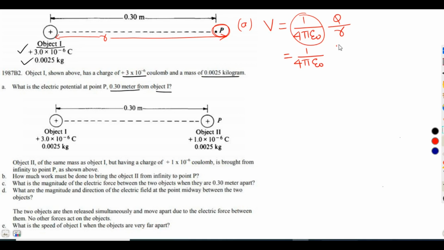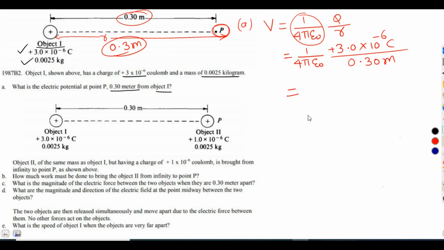The value of Q is given, that is plus 3.0 times 10 raised to power minus 6 coulomb, upon our distance, which is given as 0.3 meter, right? So we will put 0.30 meter.